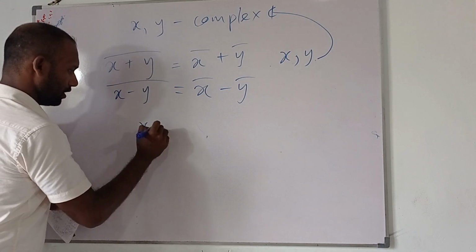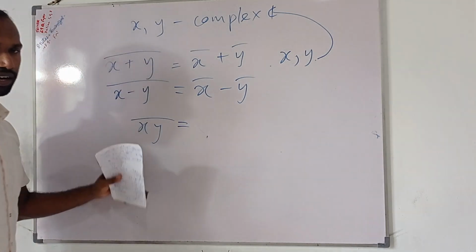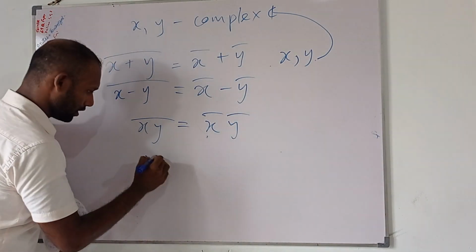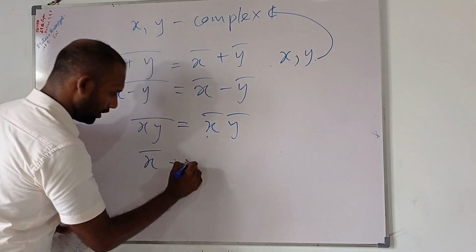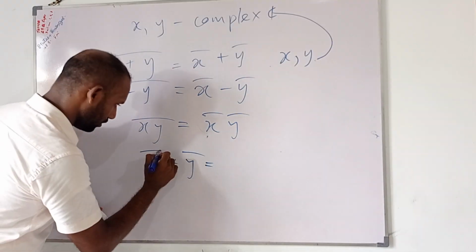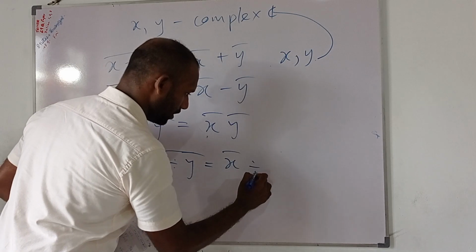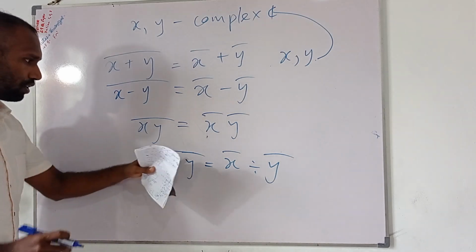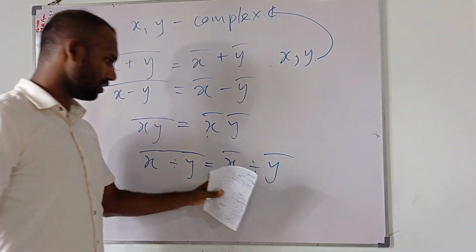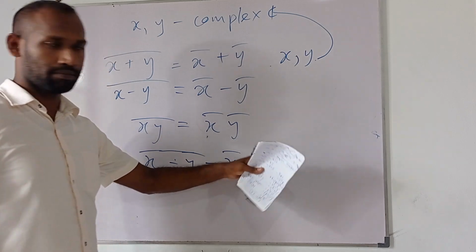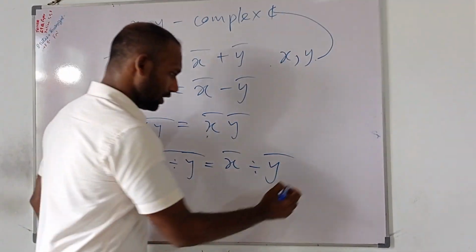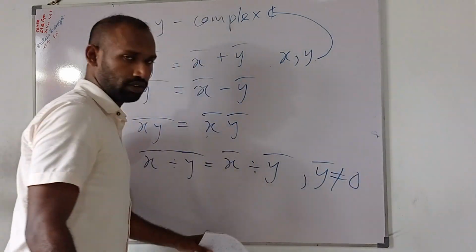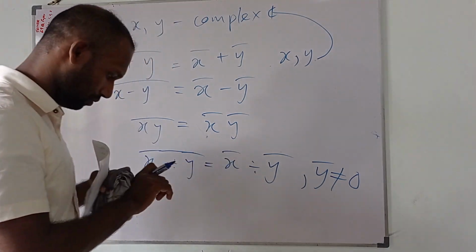And similarly the conjugate of xy equals x bar times y bar, and the conjugate of x divided by y equals x bar divided by y bar. So this whole term bar equals bar of x divided by bar of y. Here y is not equal to 0, so y bar is not equal to 0.